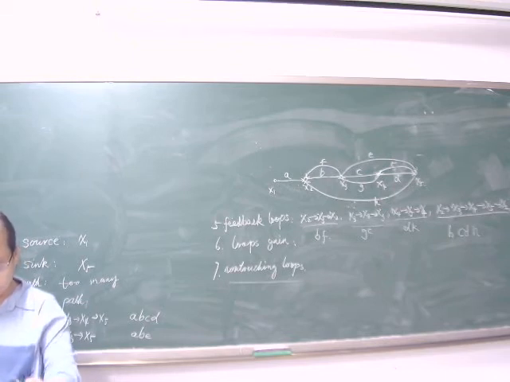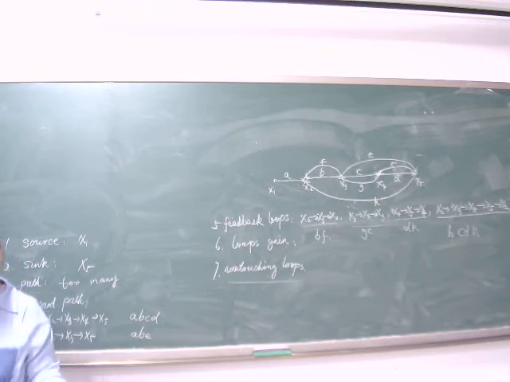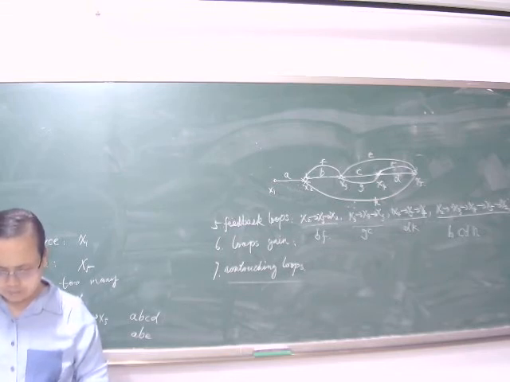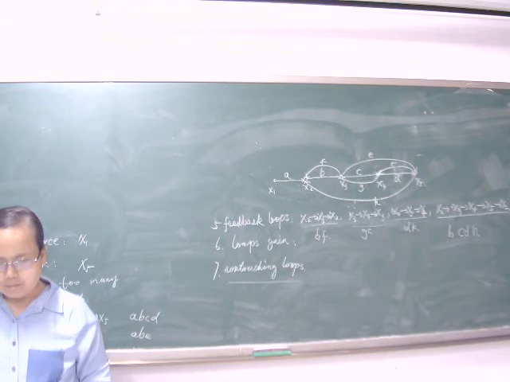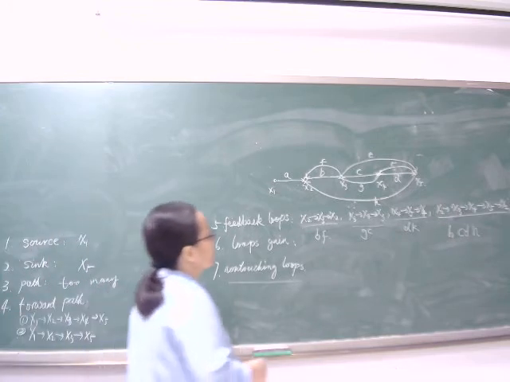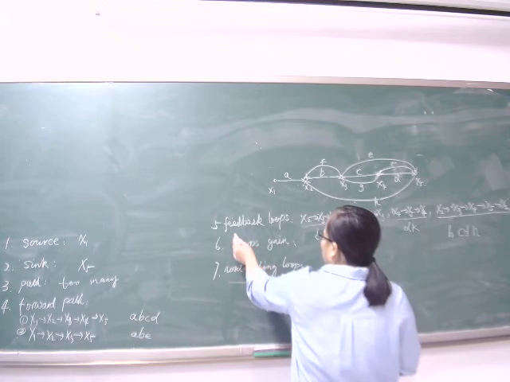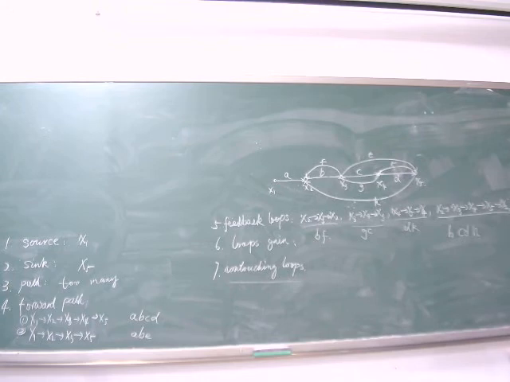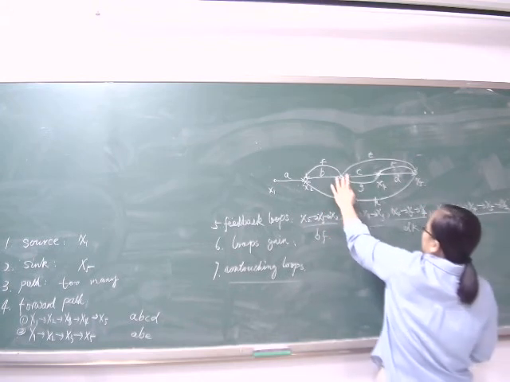How many loops are there? We can see there are five loops. The first loop is this one.